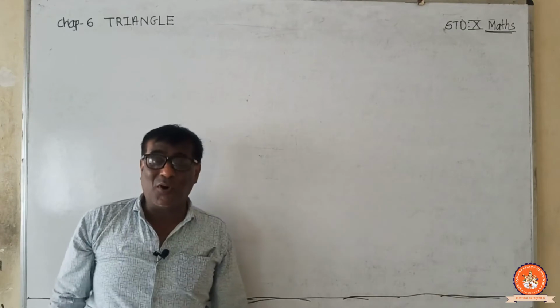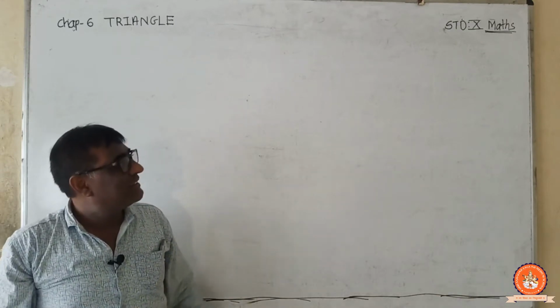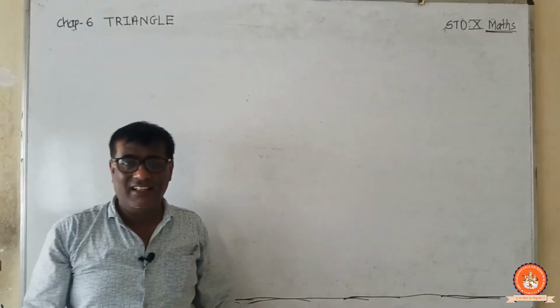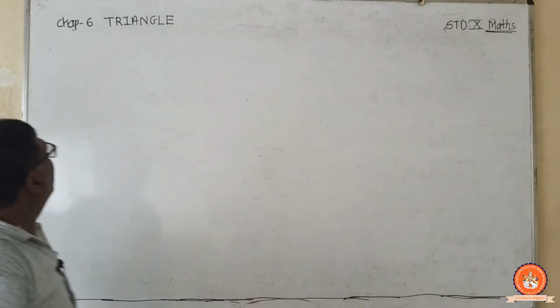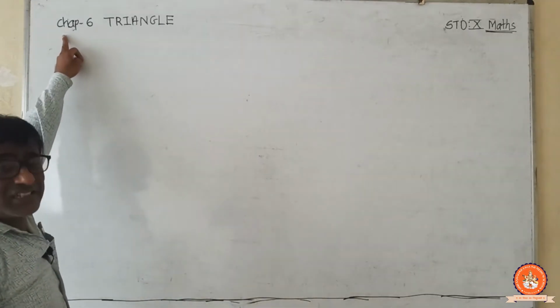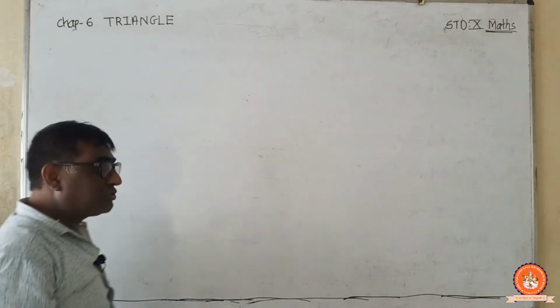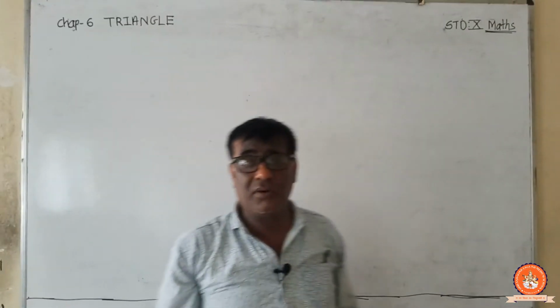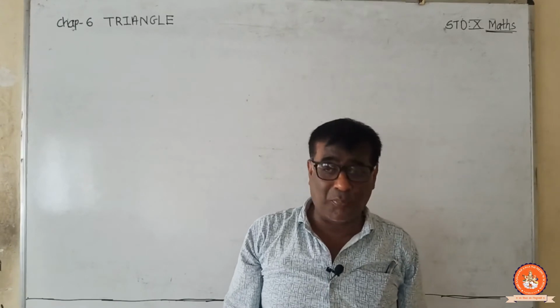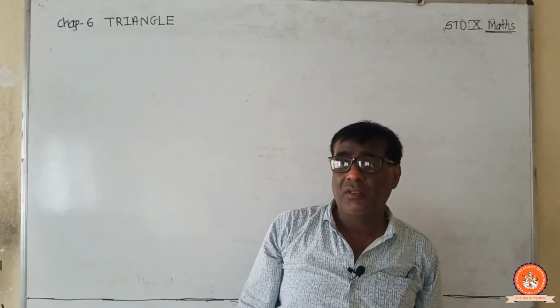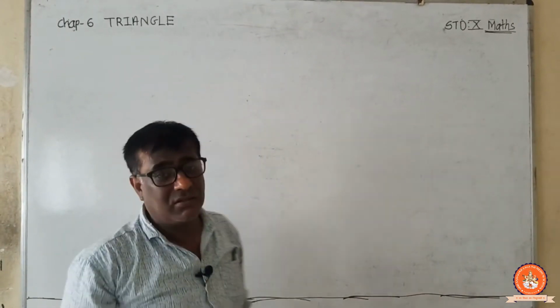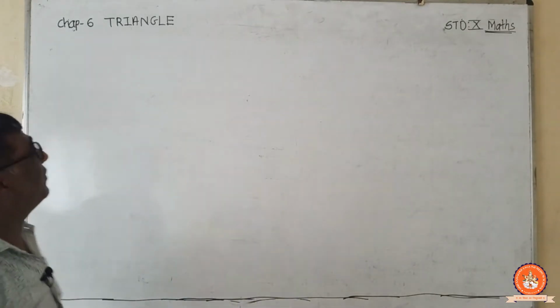Welcome to one more session of maths for standard 10, and we are discussing chapter number 6, triangle. Now my friend, we move to discuss the theorem, basic proportionality theorem, theorem 6.1.